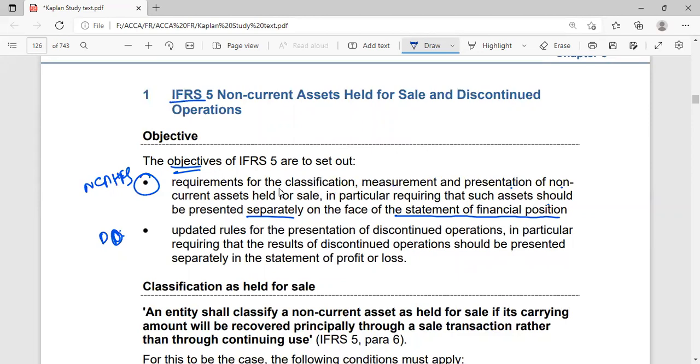But coming to discontinued operation, the results of discontinued operation should be presented separately in the statement of profit and loss. Remember, the results is nothing but profit after tax. Only results are required to be mentioned separately, and the analysis of the results is shown separately in notes on accounts.